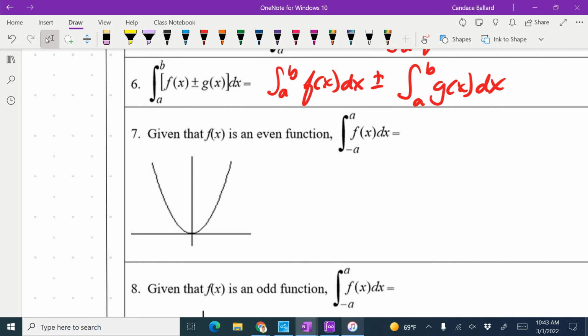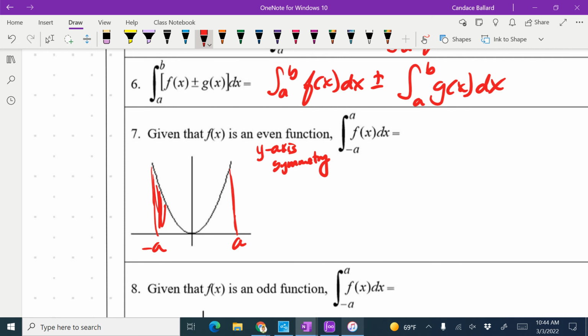If you happen to recognize that you have an even function, okay? Remember, an even function, if you're looking at it, will have y-axis symmetry, okay? If I think about, let's say I'm integrating from here to here, and it's the same value. So this is a, and this is negative a. I did not draw a very even picture there, okay?